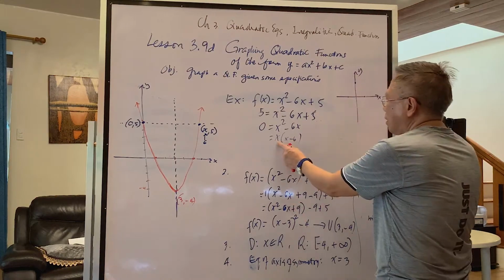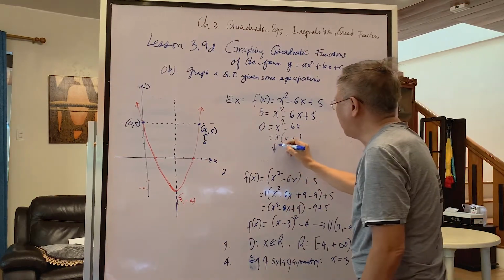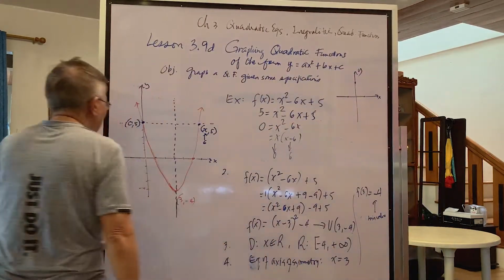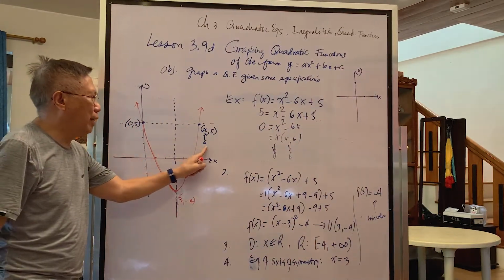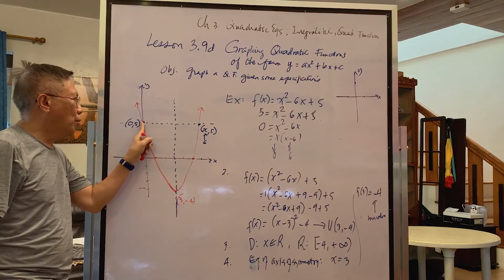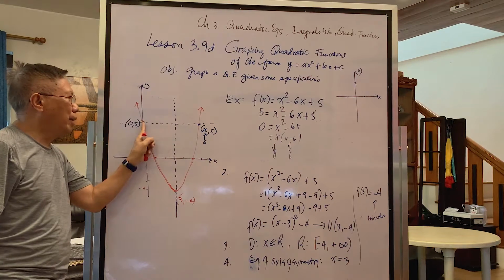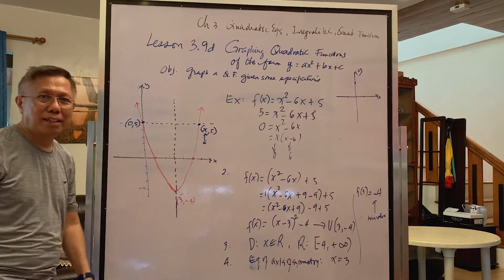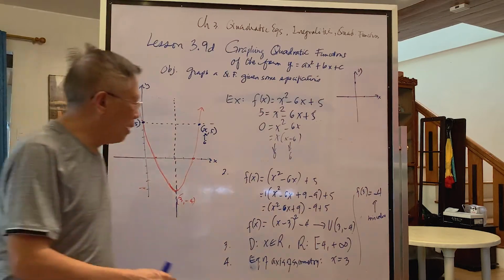From the zero product property, one of the x's is 0, the other one is 6. So indeed, we have a 0 here, and that's a 6 there. So these two are symmetric points. I hope that's clear.